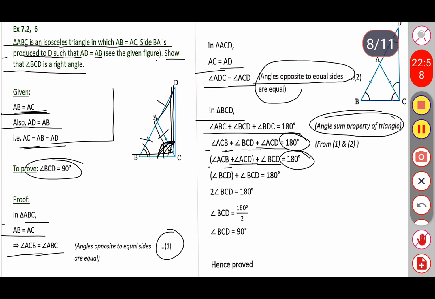The 2 times angle BCD plus angle BCD is equal to 180 degrees. Again, 2 times angle BCD is equal to 180 divided by 2, that is nothing but angle BCD is 90 degrees.